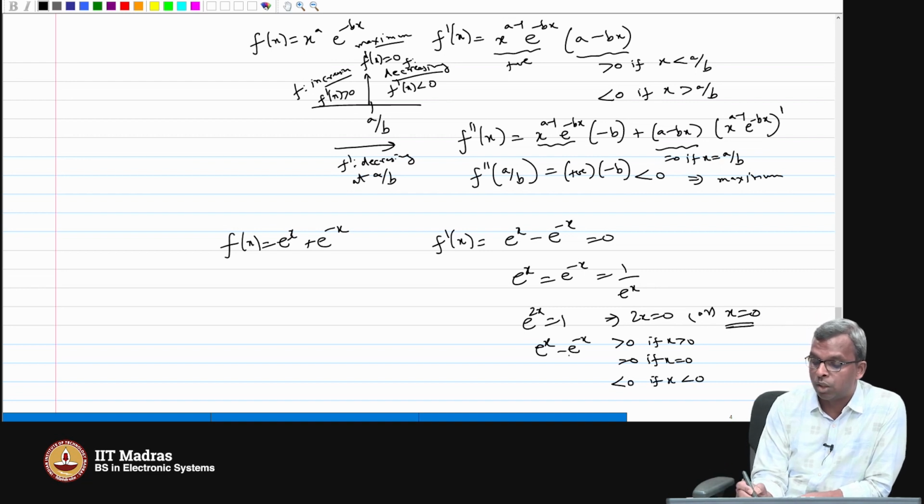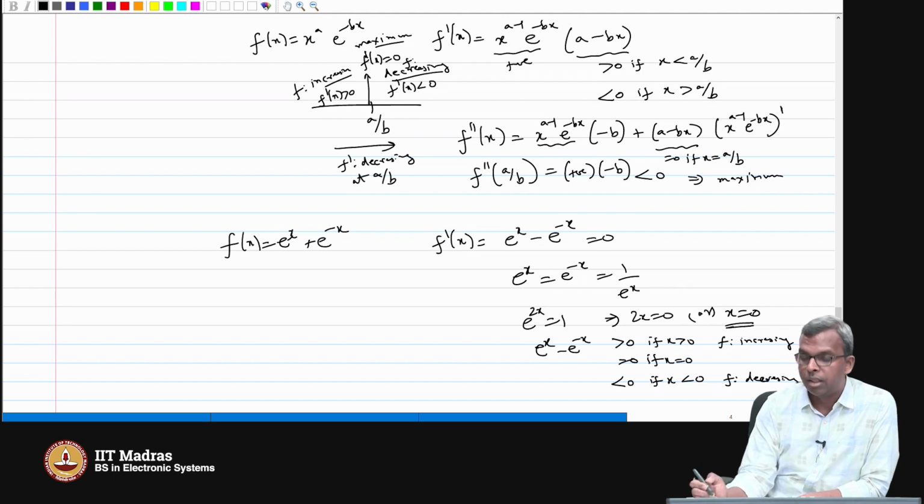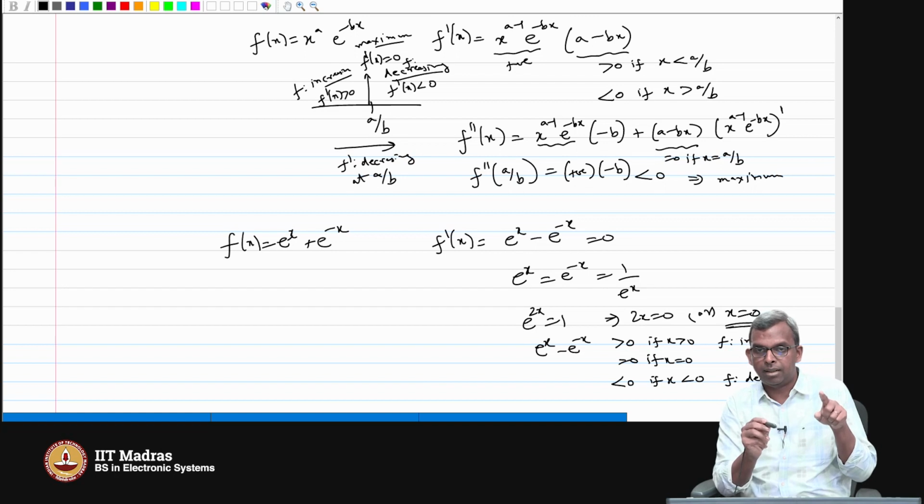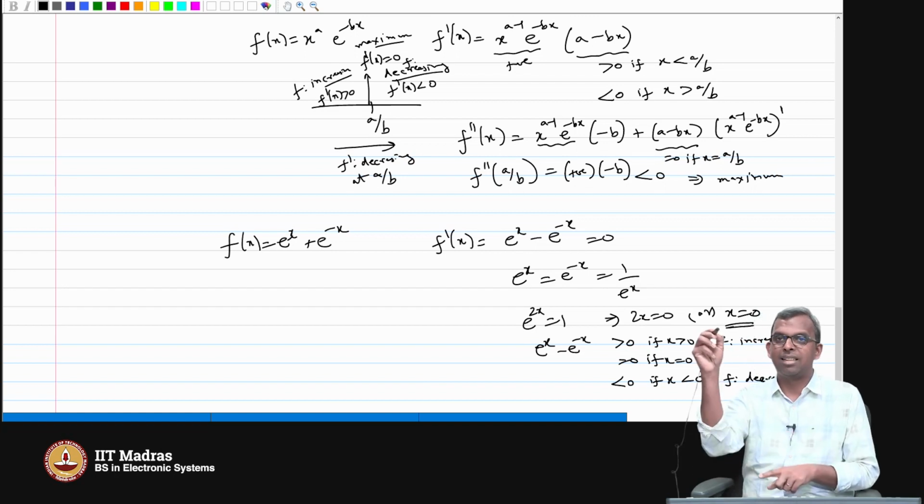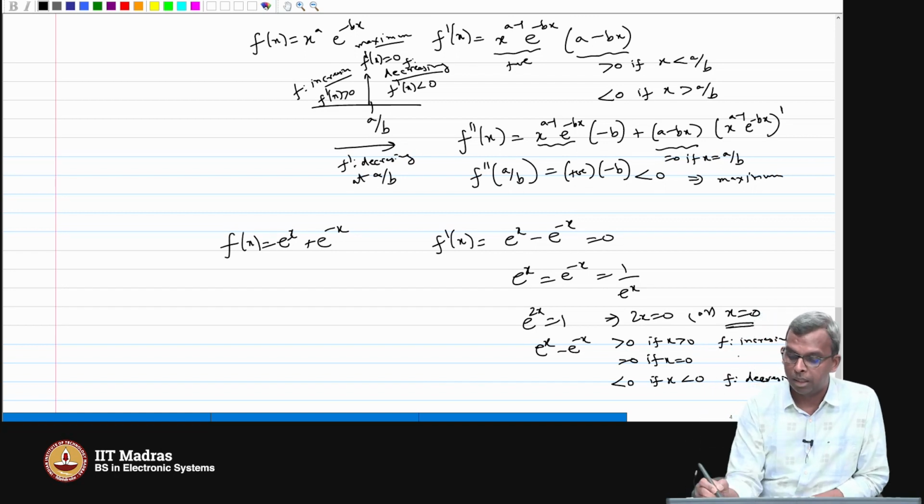If x is less than 0, e power minus x will be greater, this will be smaller, it will go negative. So what is happening to f prime of x? This implies f is increasing for positive x, and here f is decreasing. So f is decreasing for negative x, reaches a minimum and increases again. So this corresponds to a minimum.